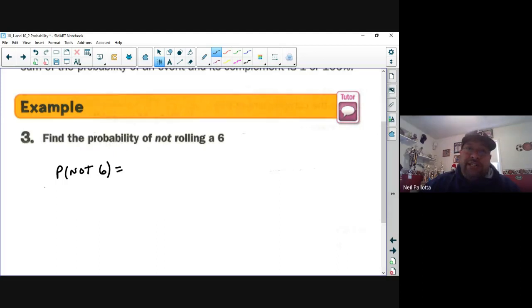Well, 1 is not a 6. A 2 is not a 6. A 3 is not a 6. A 4 is not a 6. And a 5 is not a 6. So there are 5 favorable outcomes out of the 6 possible outcomes. So the probability of not 6 would be 5 out of 6. 5 out of 6 we know is 83 and a third percent.